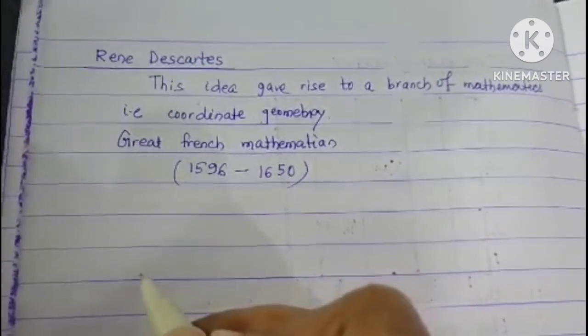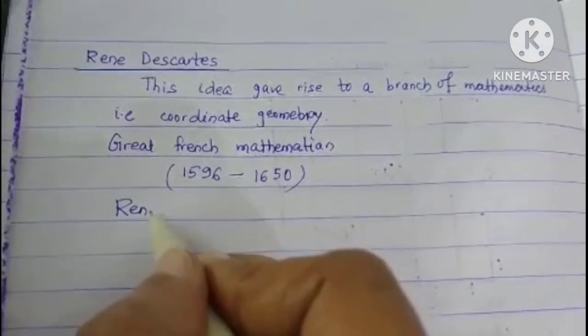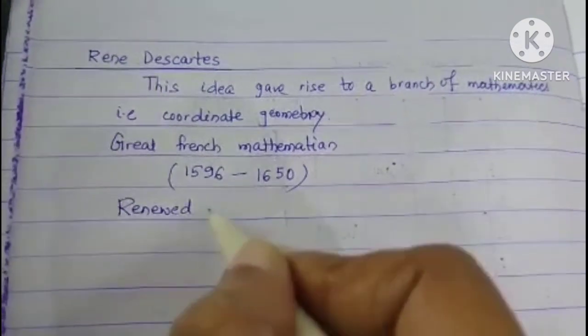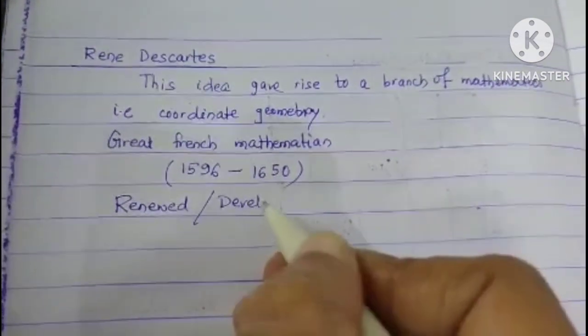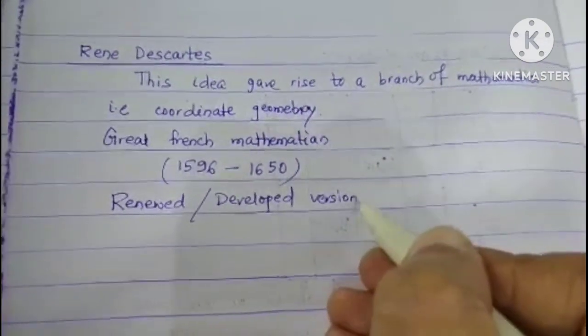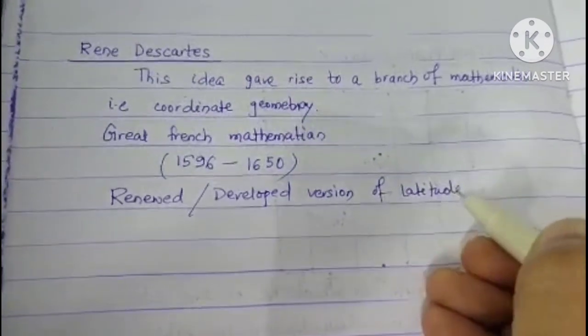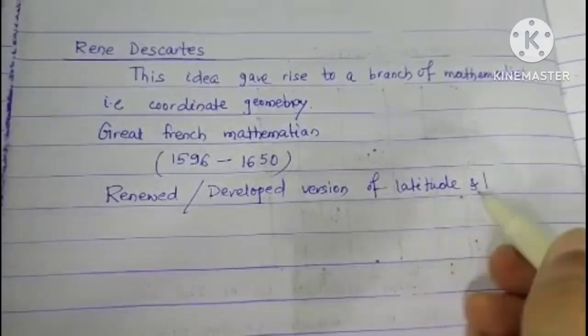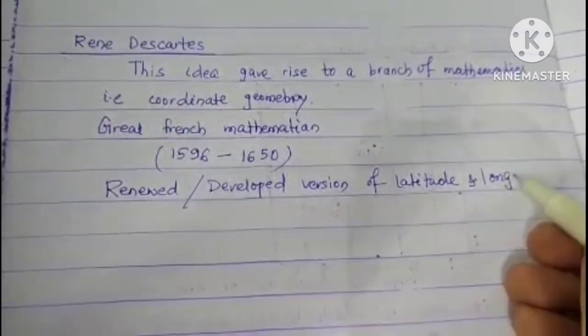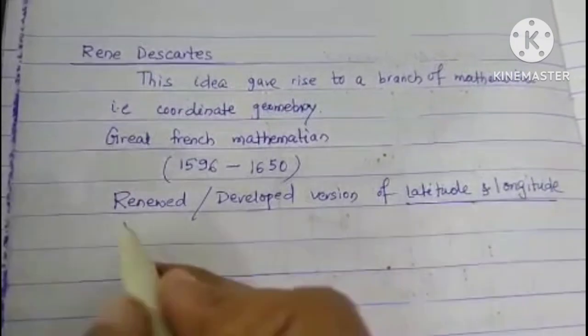So that was basically the renewed or developed version of latitude and longitude. We already had these systems, latitude and longitude, but he thought in a different way.